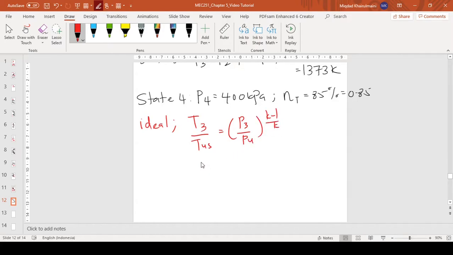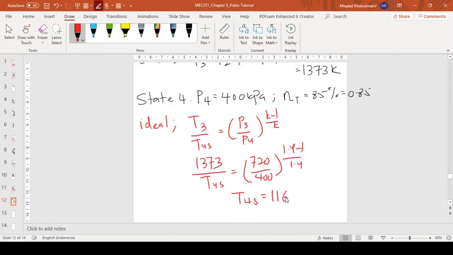Substituting, T3 was 1373, P3 was 720, P4 is 400, and k is 1.4. The ideal temperature at state 4, T4S, is 1161 Kelvin.